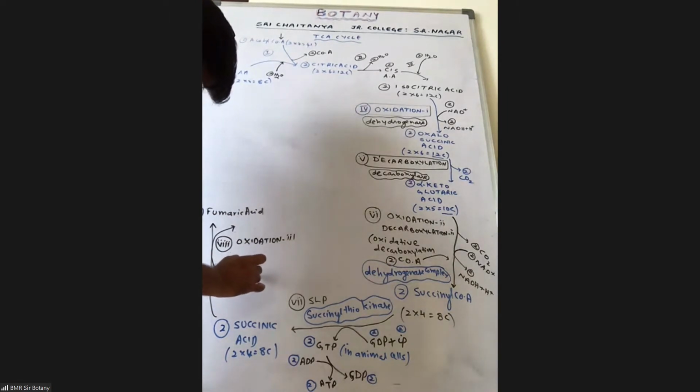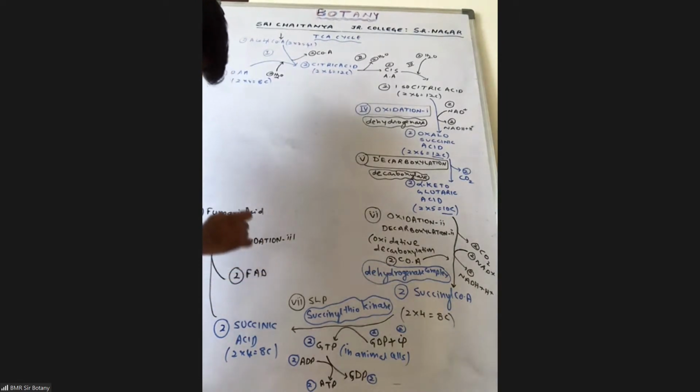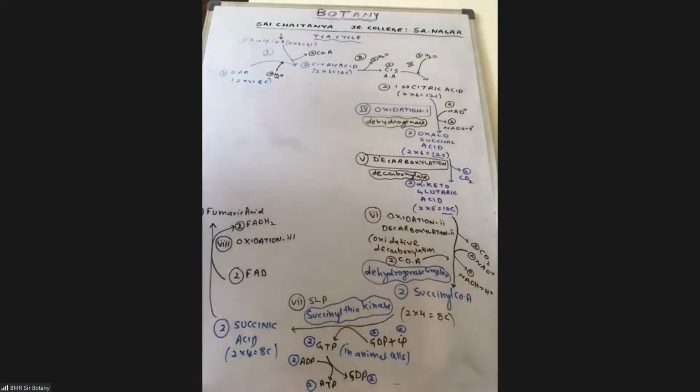That is the specialty of this oxidation. So you get 2 molecules of FADH2. So FADH2 you are getting along with fumaric acid, F and F. You can remember that way also.